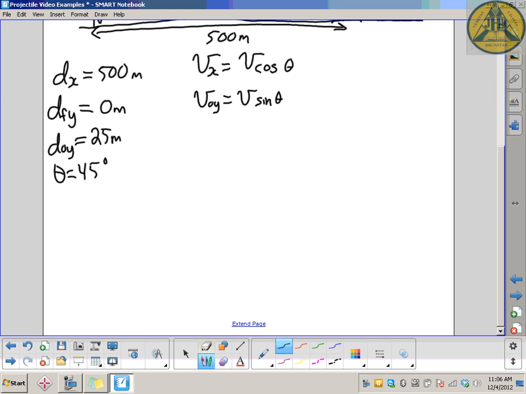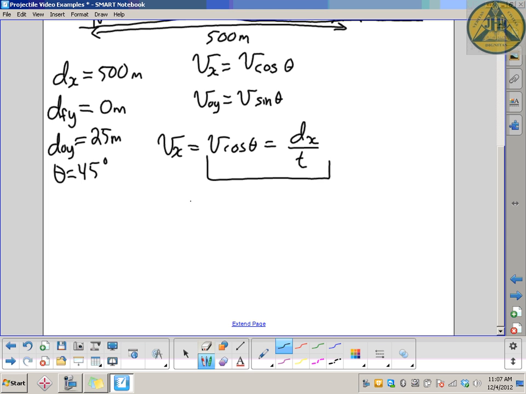First, analyze the motion in the x direction, and there's really only one motion. The x component, which is v cosine theta, equals distance traveled over time. I'm going to work with that part of the equation and solve it for time, because I've done enough problems like this to know I'm going to eventually need that.